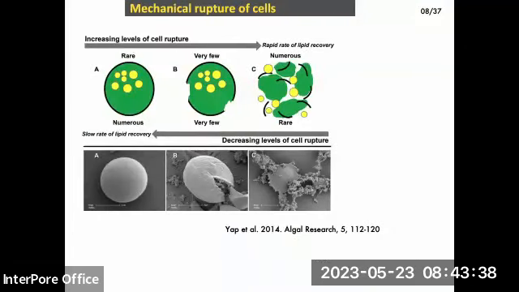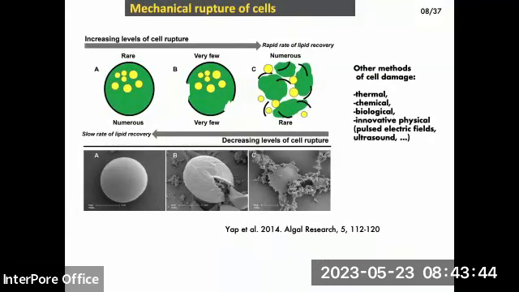Most often, it is done by mechanical methods, for example, by grinding. Other methods are often used like thermal treatment, heating, chemical, biological treatment. But in most cases, such treatments are non-selective.